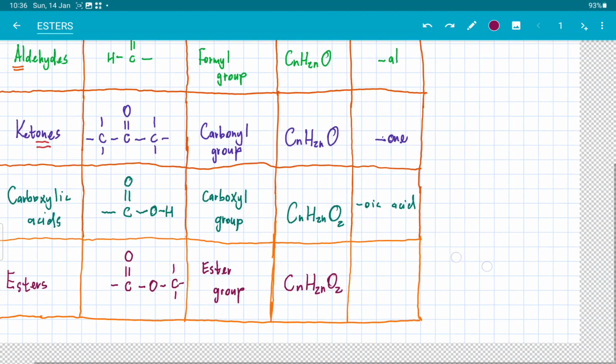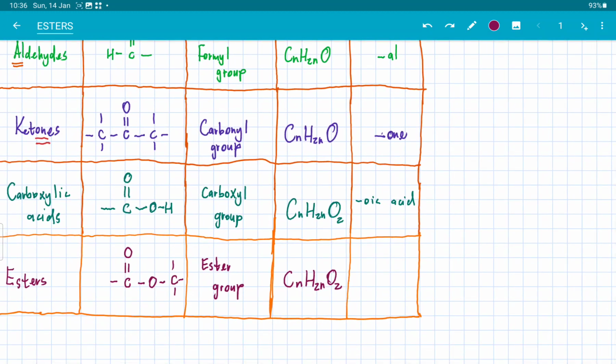Anyhow, the name of the ester ends in alkanoate, or some textbooks will say alkyl alkanoate. So we have alkyls here, those are our methyl, our ethyl.